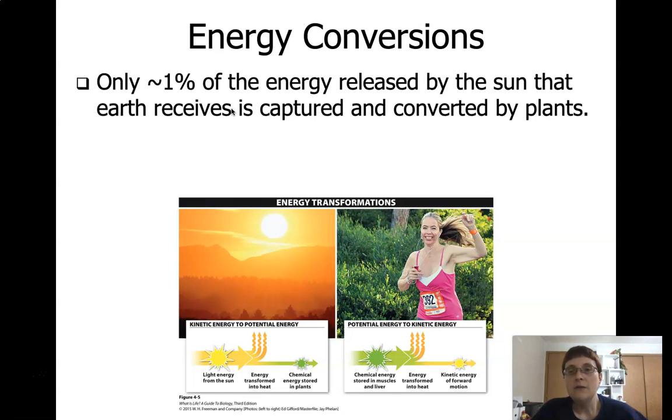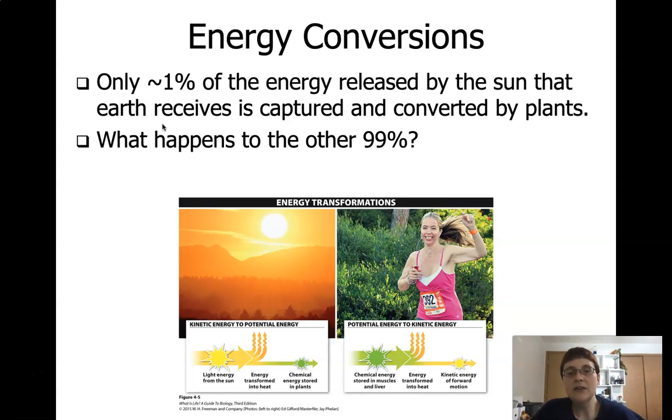So of all of the energy that comes in from the sun, only about 1% of it released by the sun is captured and converted by plants into chemical energy, into potential energy. So what happens to the other 99%?